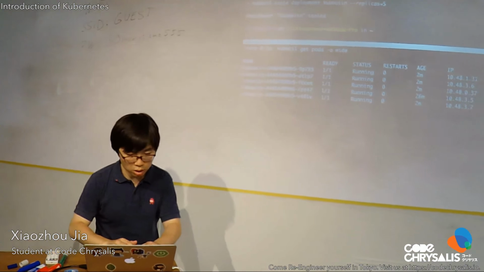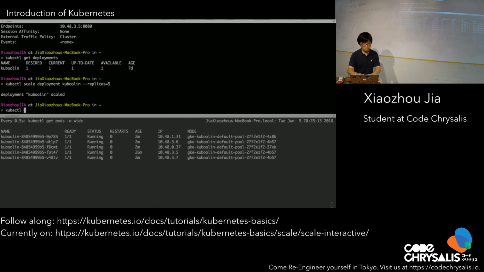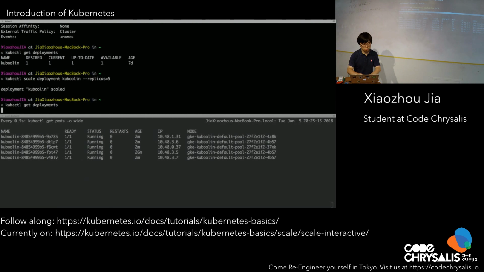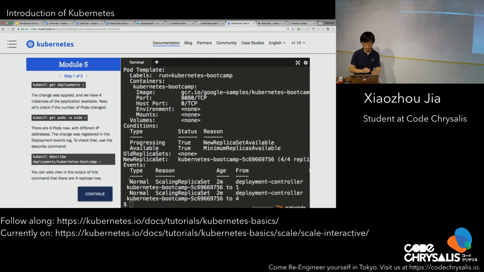And if we do this, we can see up to date, available 5. That's pretty much the scaling part. This is so awesome to me because you can scale your application so easily.